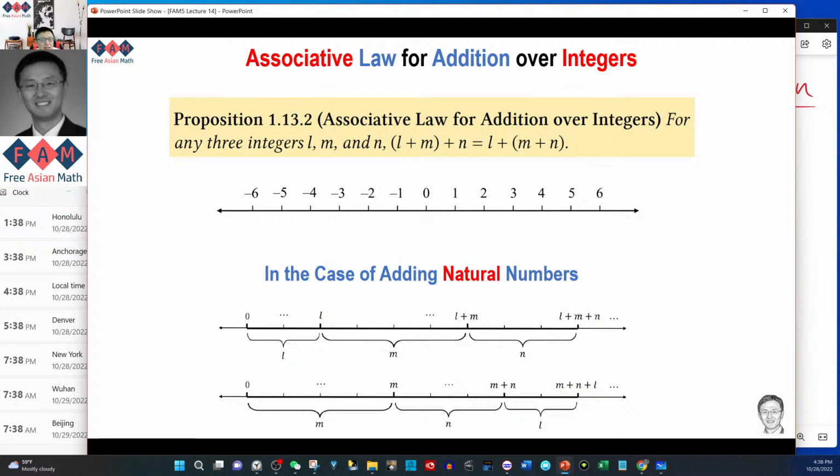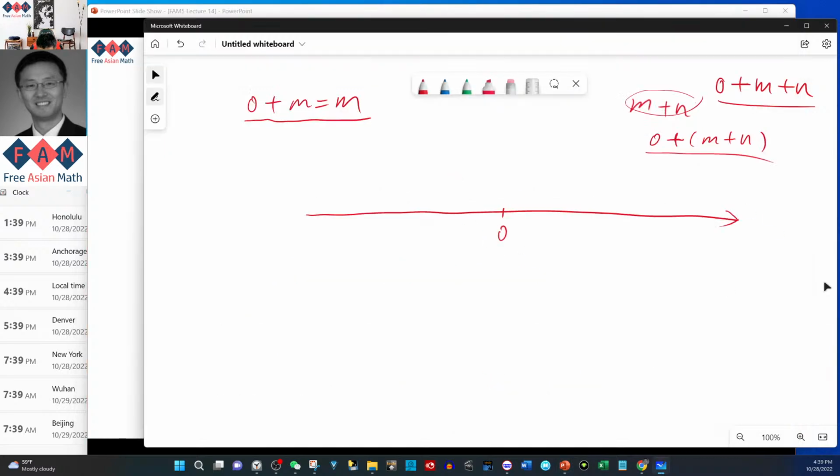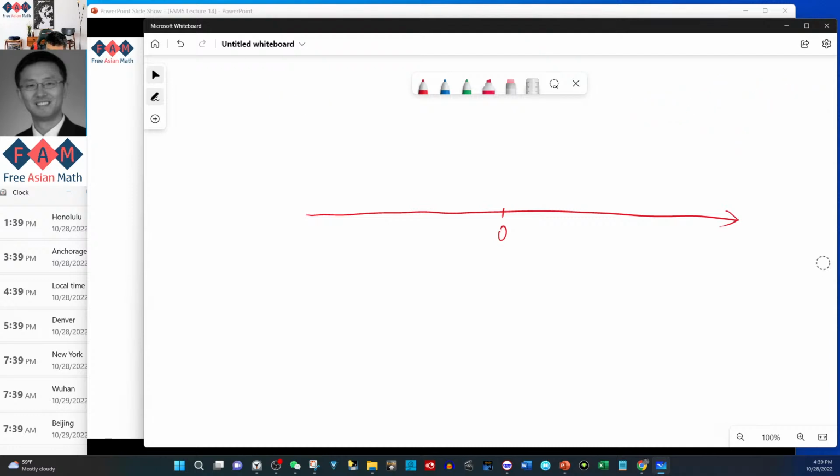Now the numbers are integers, meaning that they could be negative. So how does this still work? Well, you can think about this. Just based on what we did with the commutative law, we'll think about the very first one, which is L plus M plus N, right?